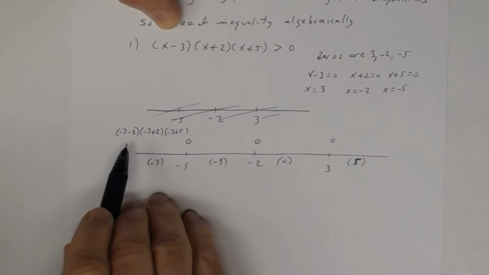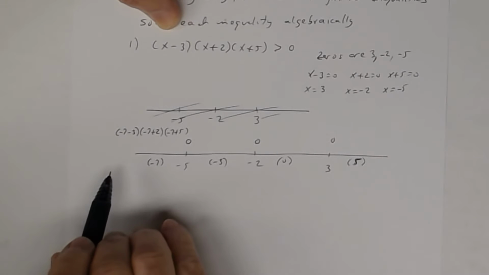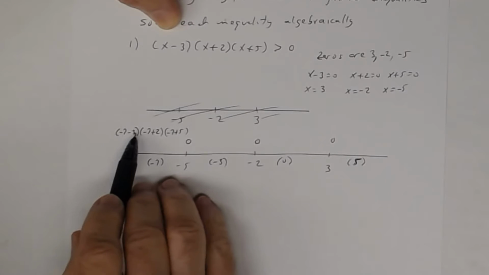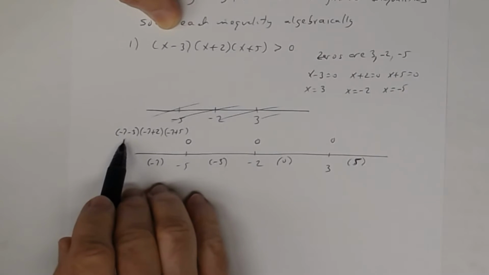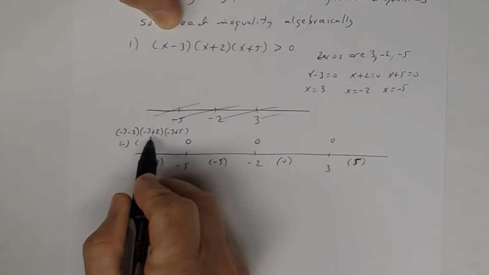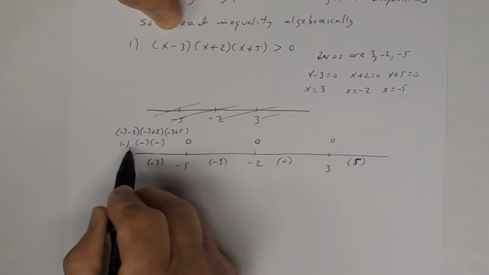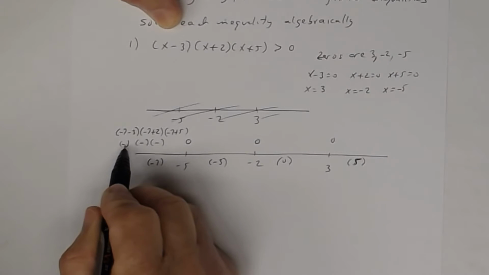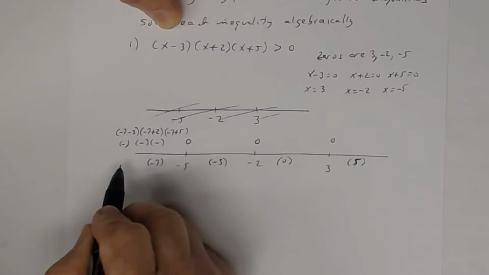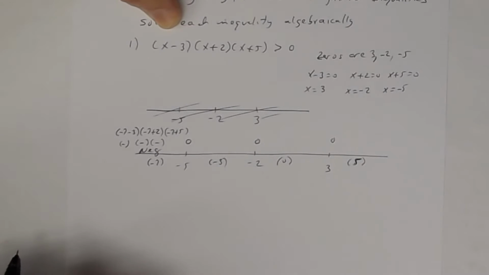Now all you got to do is determine whether that factor is negative or positive. That's all you have to do. -7 minus 3 is a negative number, it's actually -10. -7 plus 2 is a negative number, and -7 plus 5 is a negative number. And then ask yourself, what's a negative times a negative times a negative? Well, a negative times a negative times a negative is a negative.